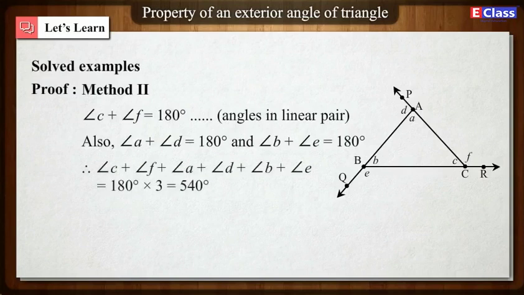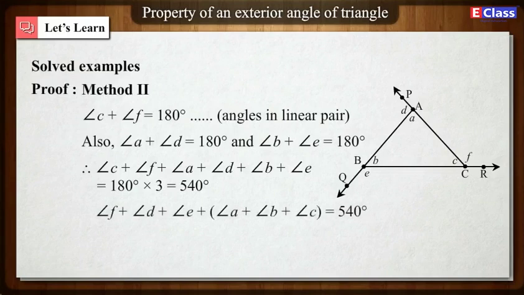Therefore, angle C plus angle F plus angle A plus angle D plus angle B plus angle E is equal to 180 degrees multiplied by 3, which is equal to 540 degrees.